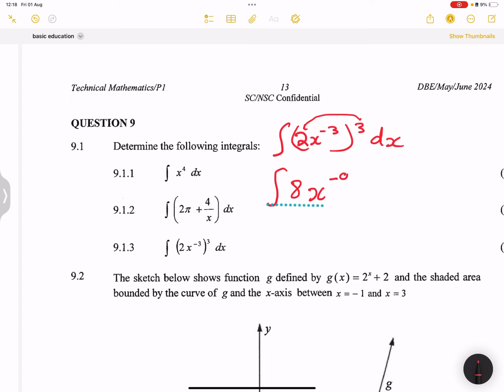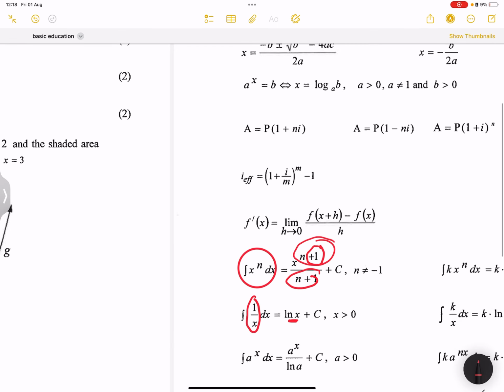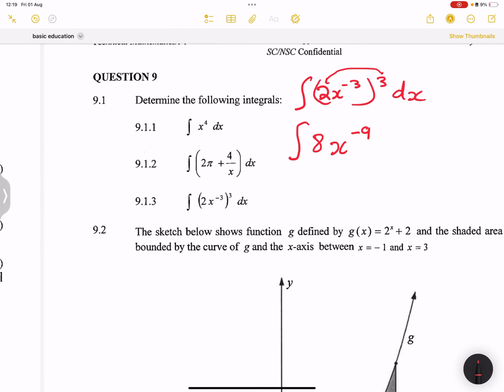So how do I integrate that? Again, we're going to be using the very first rule of integration. We're going to add 1, and we're going to divide by whatever is the number in there.